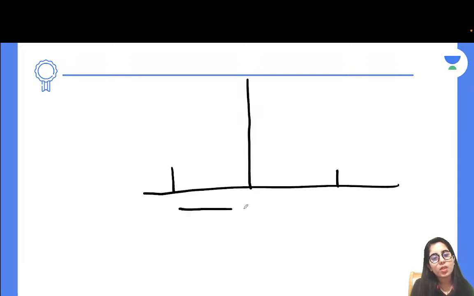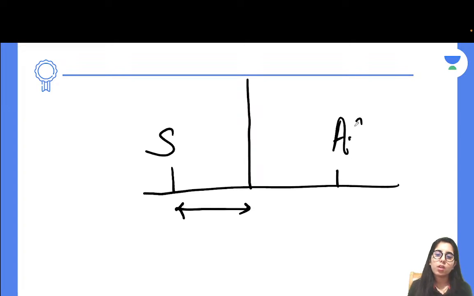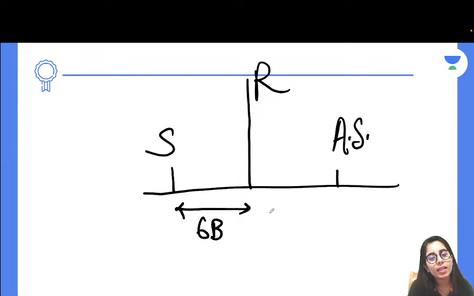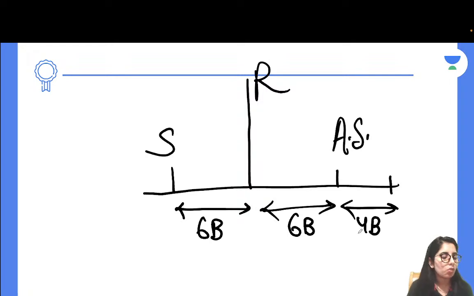So the separation between Rayleigh and Stokes, this is a Stokes, this is anti-Stokes. It's going to be 6B between the Rayleigh and the first Stokes line, and Rayleigh to the first anti-Stokes line, it is also 6B. While the first anti-Stokes to the second anti-Stokes, the separation will be just 4B, where B is the rotational constant.